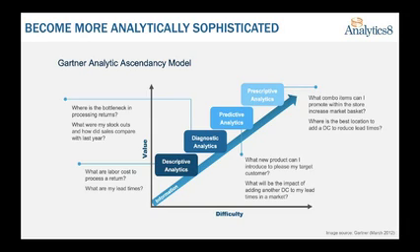So we talk about descriptive analytics being a look at what happened. So what was the course completion rate, for example, or a diagnostic analytic, which is determining why something happened, such as why did the dropout rate spike in a certain month? Predictive analytics then looks at or tries to anticipate what's going to happen.